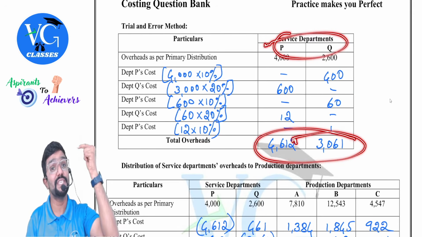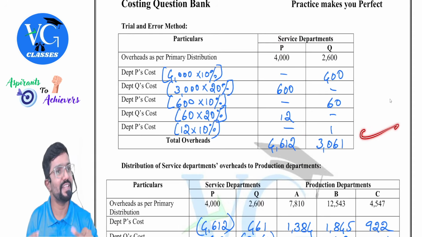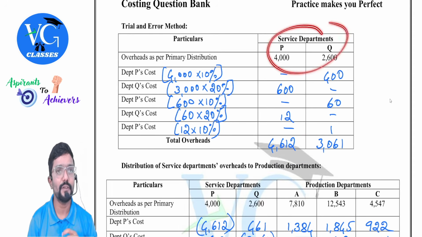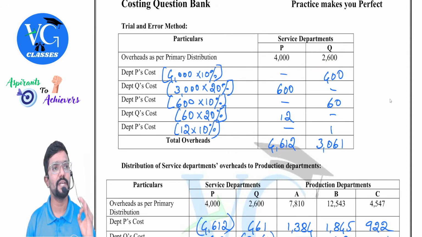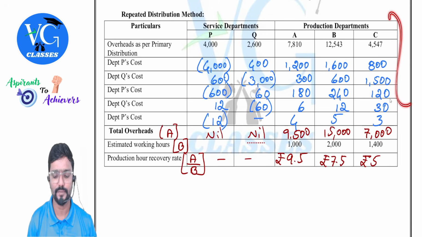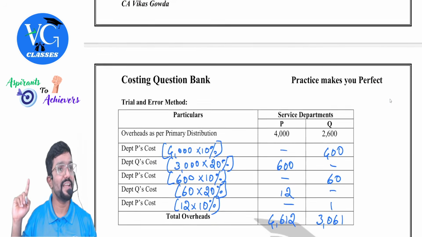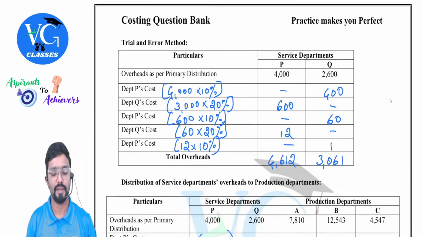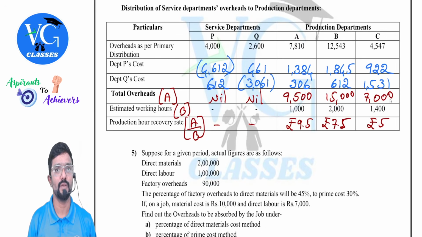Like in the first method we got this using the equation, but here we have got it in the table itself. Guys, please be careful. This is different from the repeated distribution method, because in repeated distribution we also take production departments and it is only one step. But in the trial and error method, we have two steps. What we have got here is the total cost of service department. Now you need to prepare one more table.